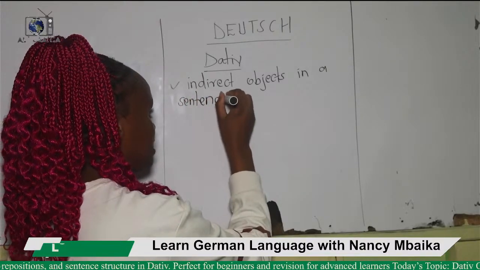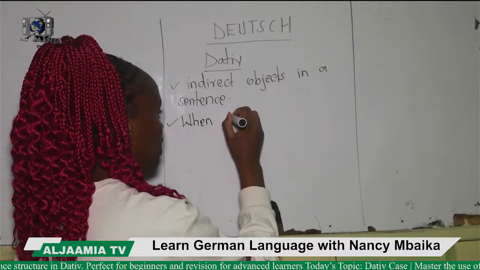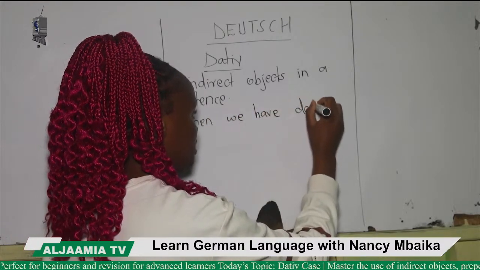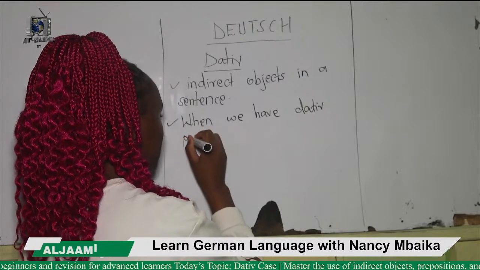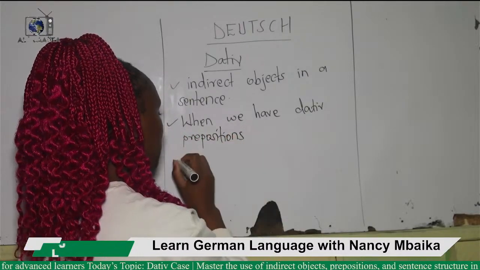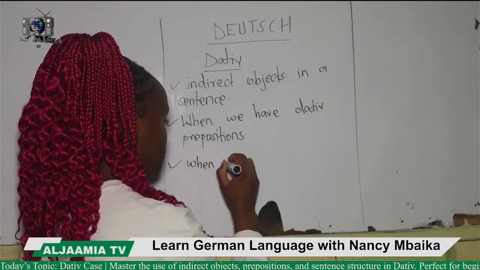Number two, we use the dative case when we have dative prepositions. And the final one, we use the dative case when you have dative verbs.